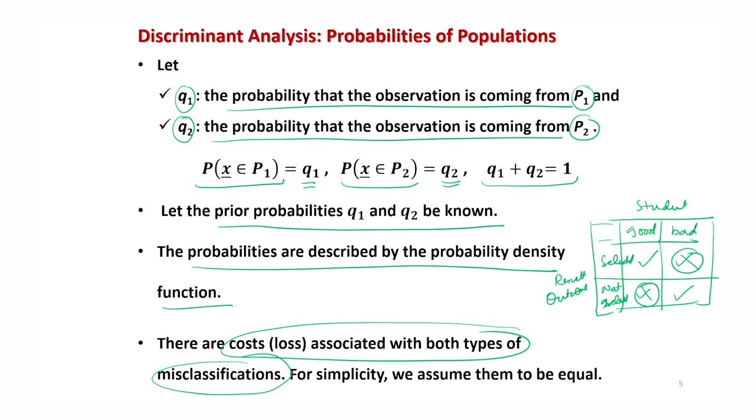Possibly, in my personal opinion, a bad student becoming a doctor is more serious than a good student not becoming a doctor, because the good student can become something else also, and he or she can have a good career. So now in this case, the cost or the loss due to misclassification, do you think they are equal? No, they are certainly different, right?